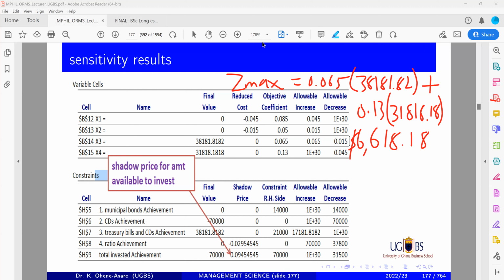So that is the total return you get. You put in 70,000 over 2 investment portfolios, and what you did is that you got a 6,618 return. So your final money, including the principal, will be 76,618.